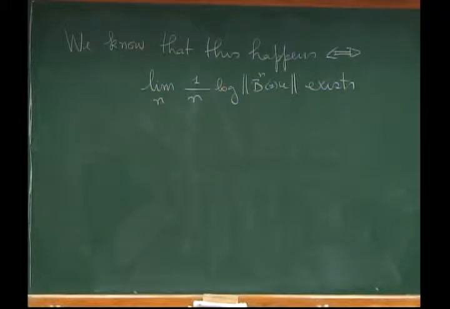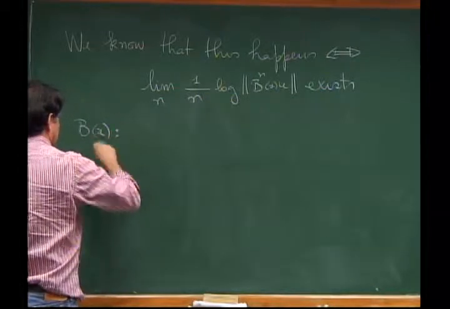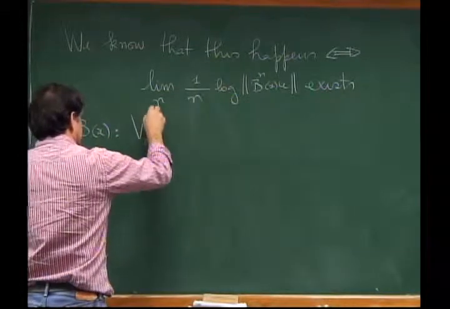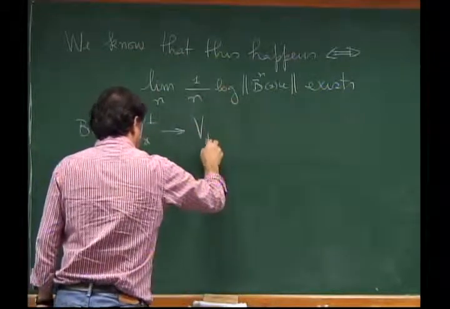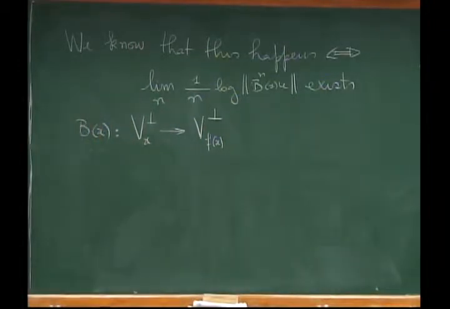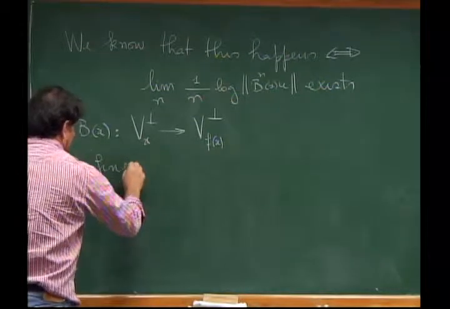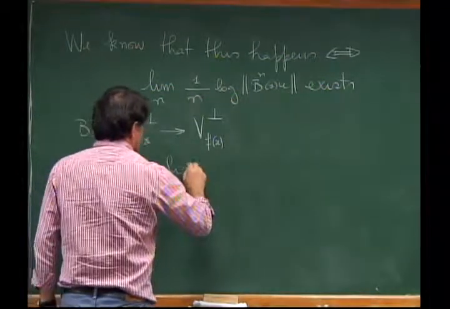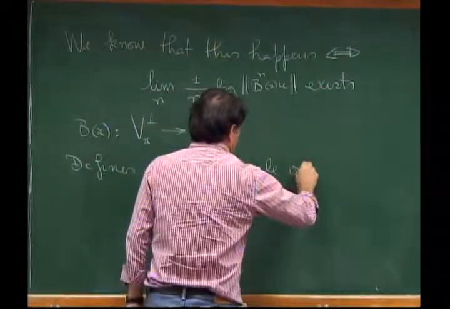Now what is B_n? B_n of x is a linear map from Vx orthogonal to V_f(x) orthogonal. This defines a linear cocycle.